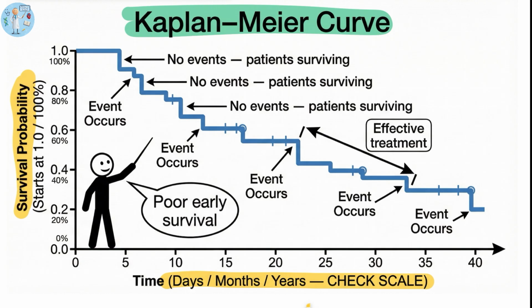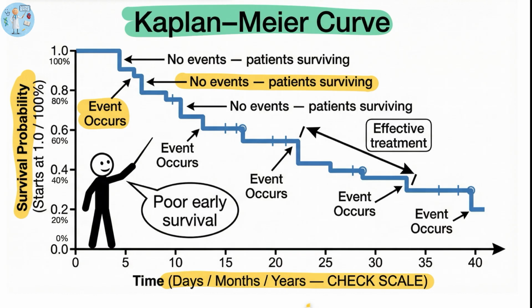It starts at 1.0 or 100%. So top left corner, everyone is alive. Correct. And then every time you see a vertical drop, that's an event. A patient died or their tumor grew or whatever endpoint the study is tracking. So the vertical drops are the bad news. They're the events. And the line stays flat horizontally between those drops because no new events are happening. People are just surviving.